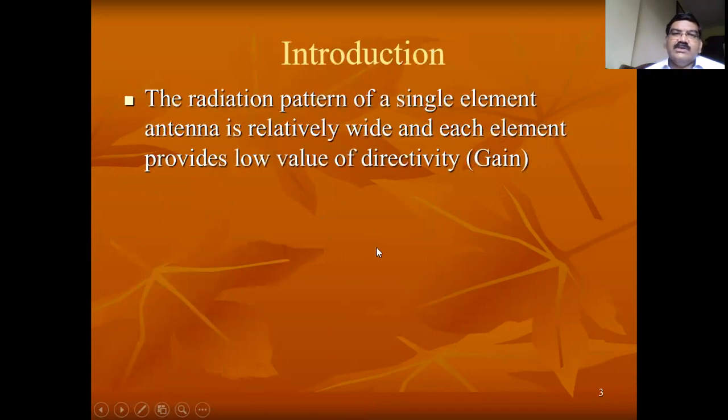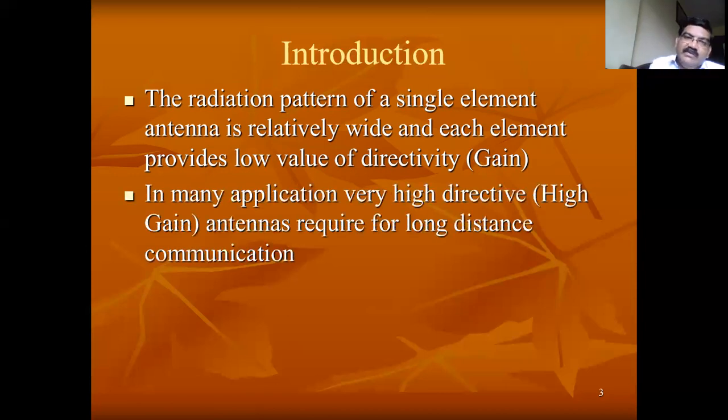Okay, so here we will first understand what the array is. The radiation pattern of a single element antenna is relatively wide, and each element provides a low value of directivity, that is the gain. So why do we require an array? Some elements provide low directivity, that is low gain, but what we require in many applications is very high directivity, that is a very high gain antenna, required for long distance communication.